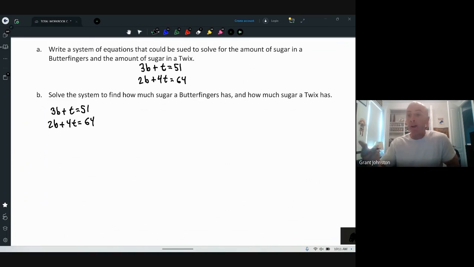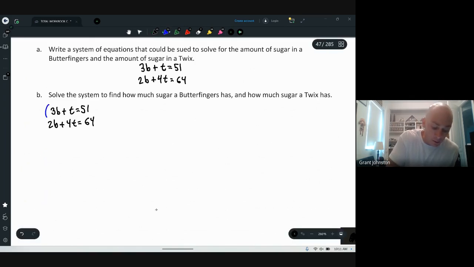If I wanted to eliminate b, I have a 3b and a 2b. I could get a negative 6b and a positive 6b, because the common multiple of 3 and 2 is 6. Or I think it might be easier to eliminate the t, because that's a 4t down here. I could make that top t a negative 4t by simply multiplying this equation by negative 4.